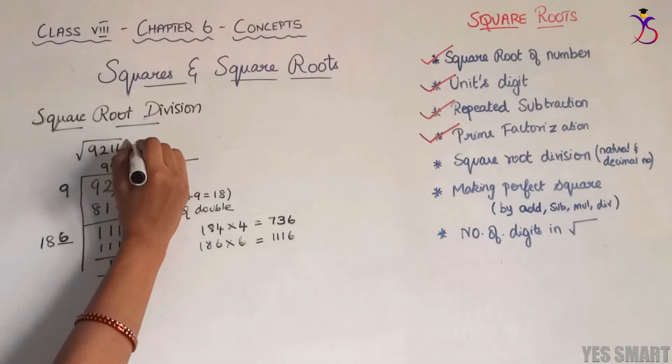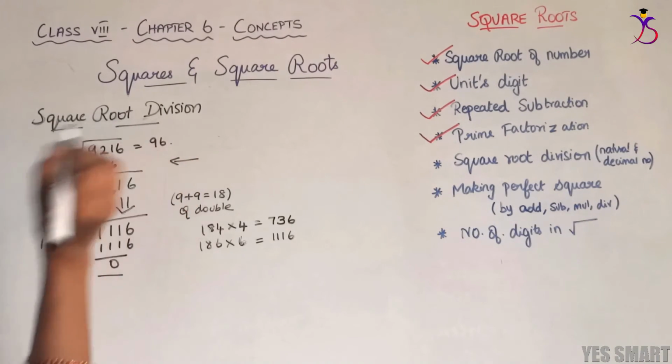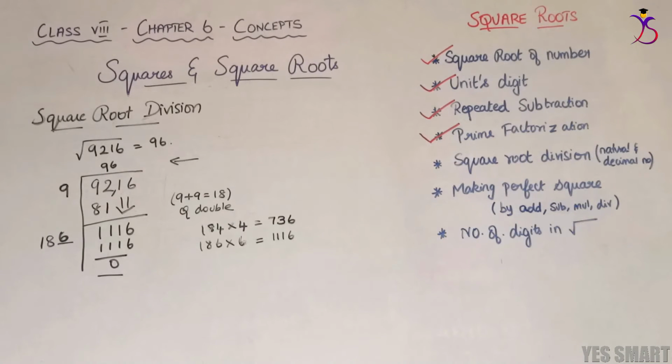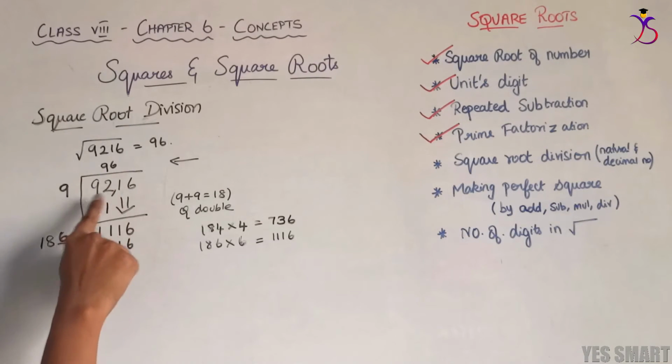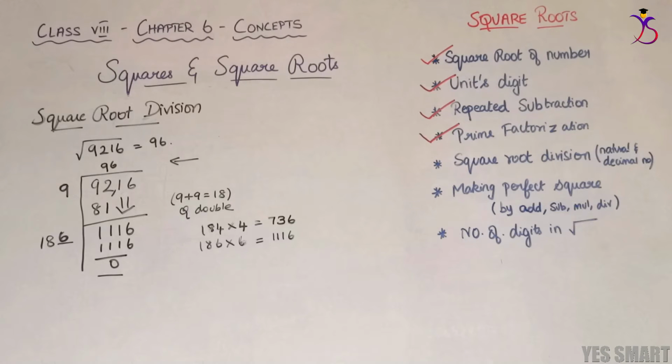The main key point to be noted while introducing a divisor is the units digit of the number. Whatever number we are introducing as the unit digit, we are supposed to multiply the entire divisor by the same number. Here I have introduced 6, so I'm just multiplying 186 into 6.